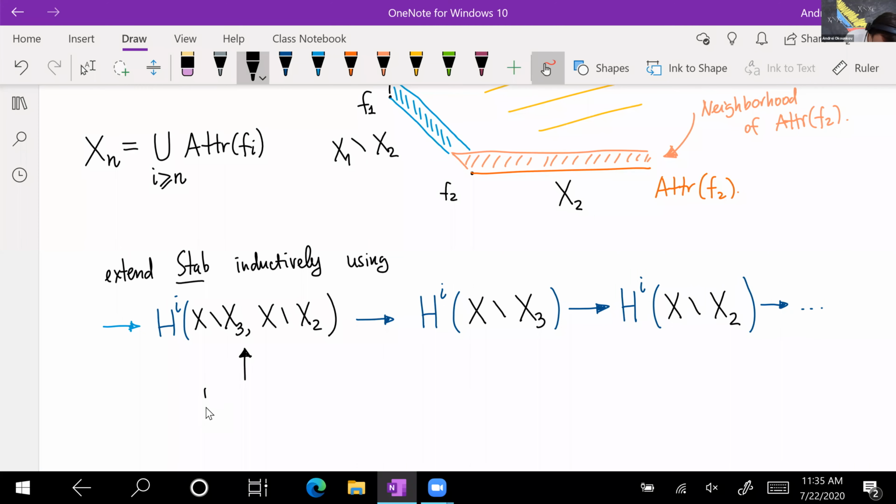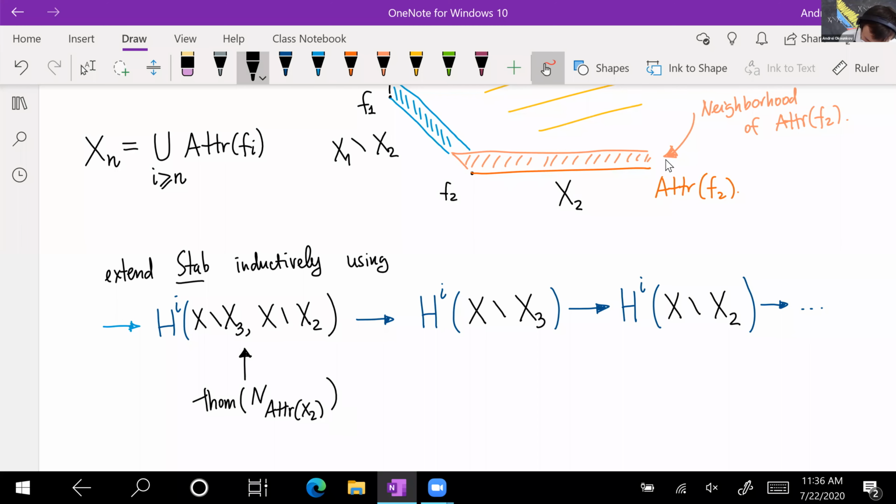This is the Thom space of the normal bundle to the attracting manifold of X2. Is that clear?